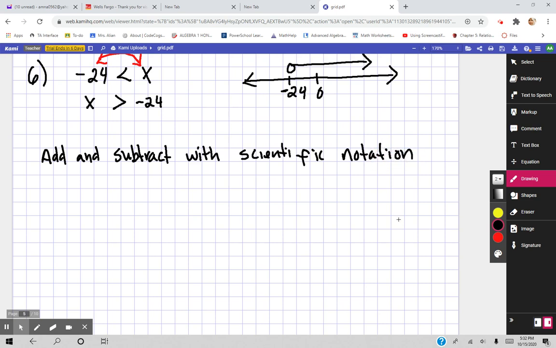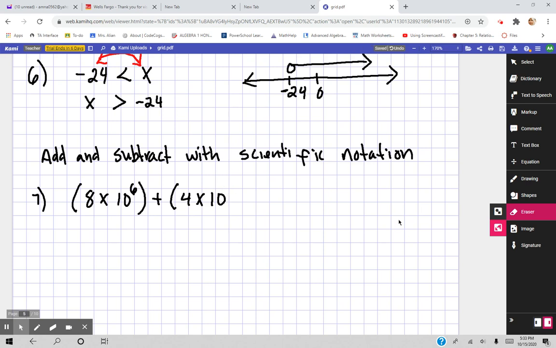So let's look at some examples. Let's get something different. Let's say 4. Okay, so add these two numbers and give your answer in scientific form.